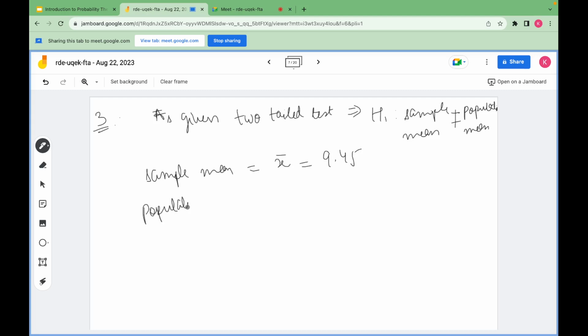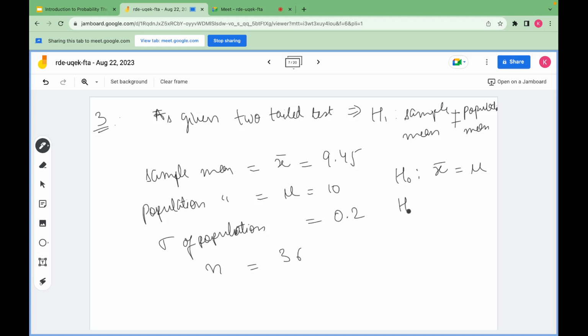Population mean, which is mu, is 10. Sigma of population is 0.2. N is given 36. Okay, and our null hypothesis will be x bar is equal to mu, and H1 is x bar is not equal to mu.